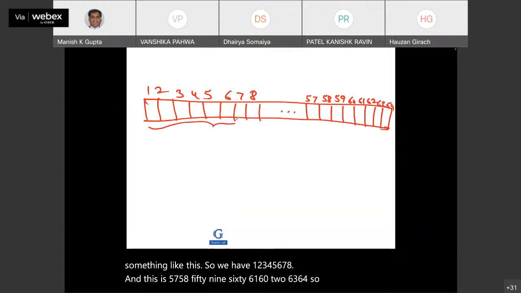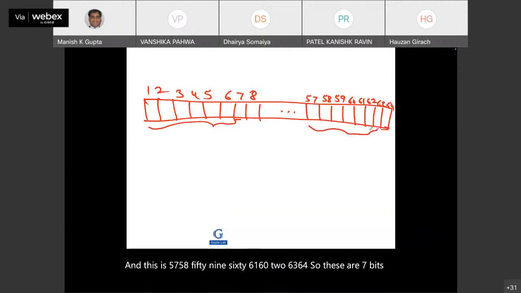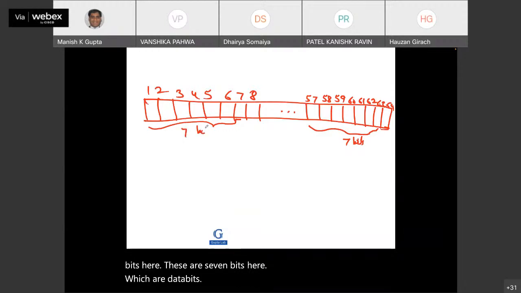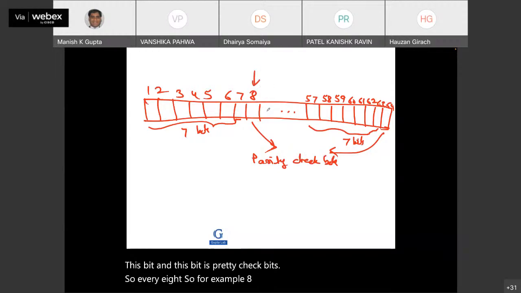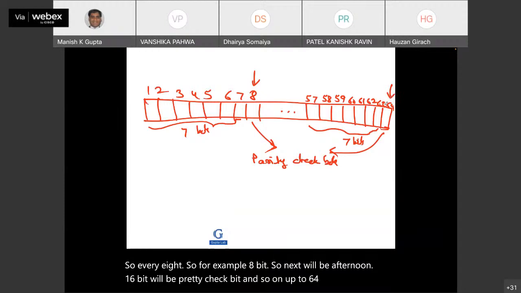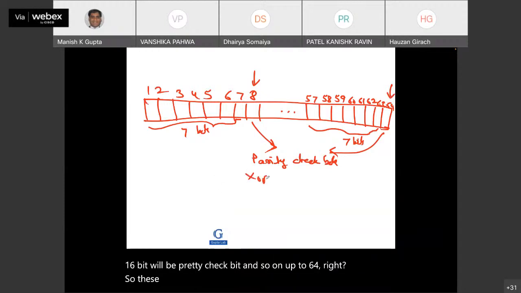So these are 7 bits here, these are 7 bits here, which are data bits. This bit and this bit are parity check bits. So for every 8 bit, the next will be after 16 bit, a parity check bit, and so on up till 64, right? So these are exclusive OR of previous 7 bits. Normally we take this kind of parity.